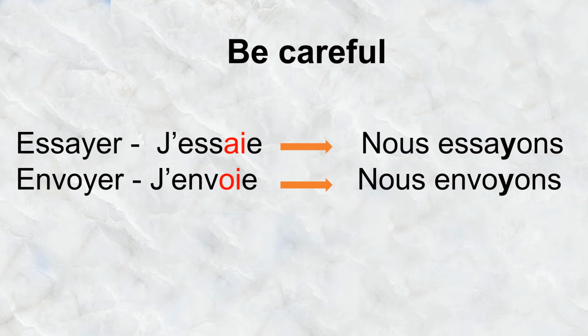We're going to have the same situation with envoyer, which means to send. J'envoie, tu envoies, il ou elle envoie. But then, nous envoyons, vous envoyez, and back to ils envoient.